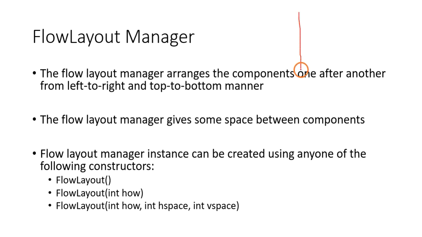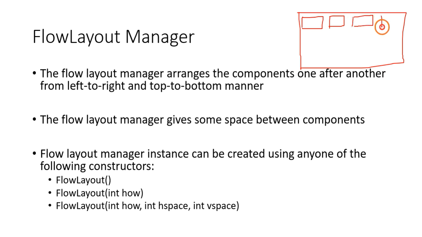If this is a container and you add a button using flow layout, it will display left to right until the area of the container gets filled. Now if you add one more component, it will start displaying in the next row.